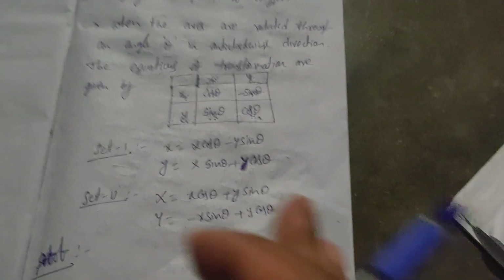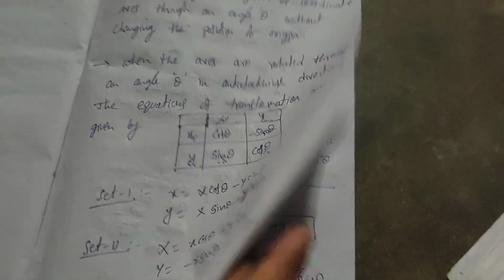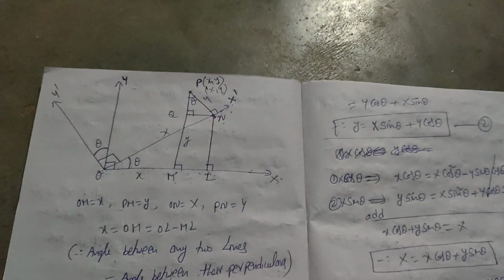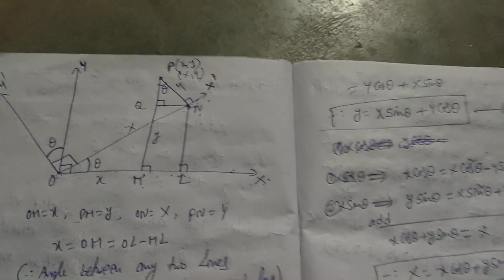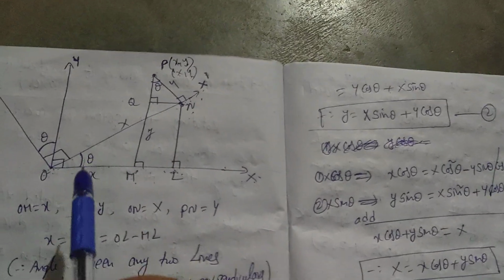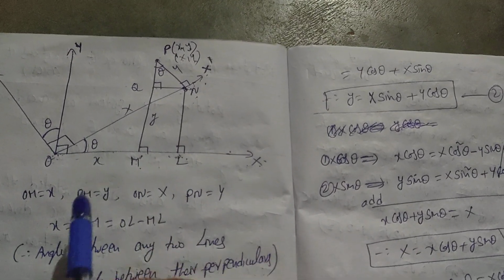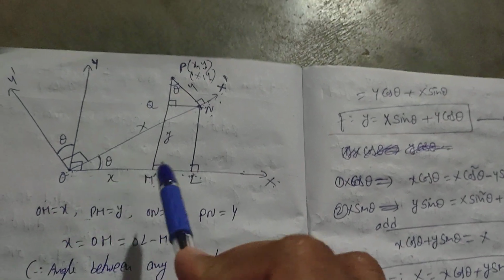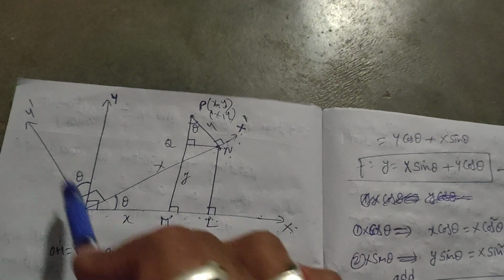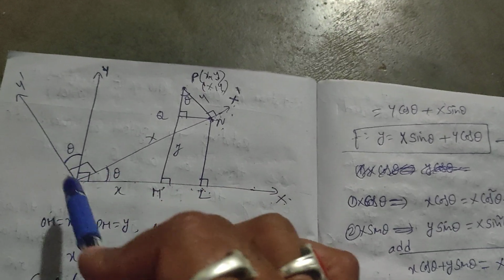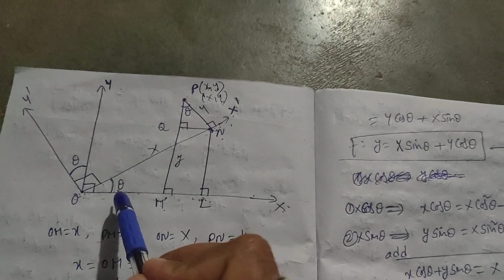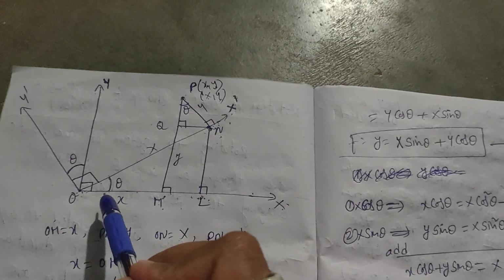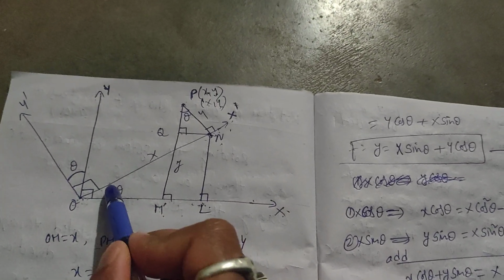Okay, now I am going to prove this. First you take the coordinate axes. Let OX and OY be the original system of coordinate axes, and let OX dash and OY dash be the new axes obtained by rotating the original axes through an angle theta.